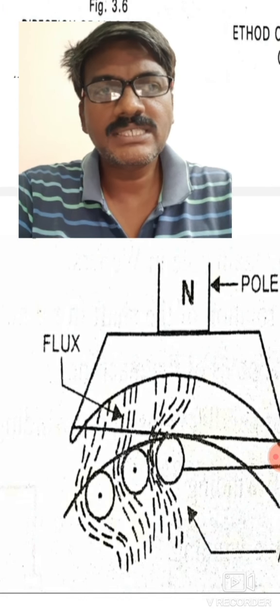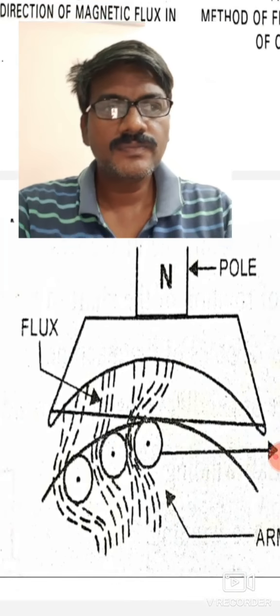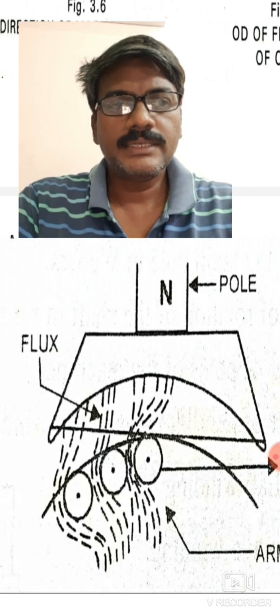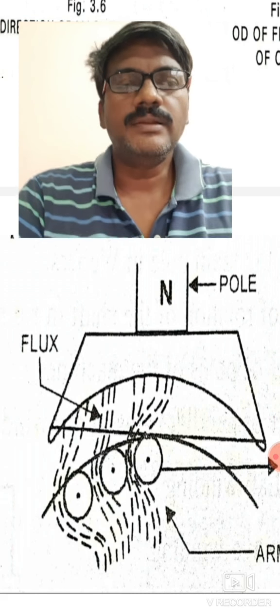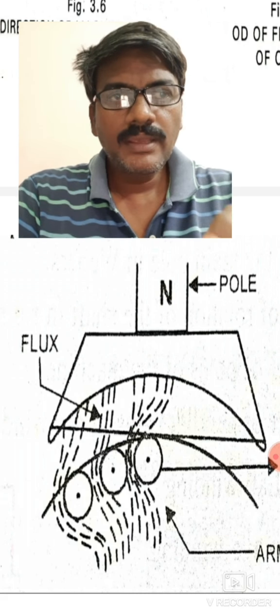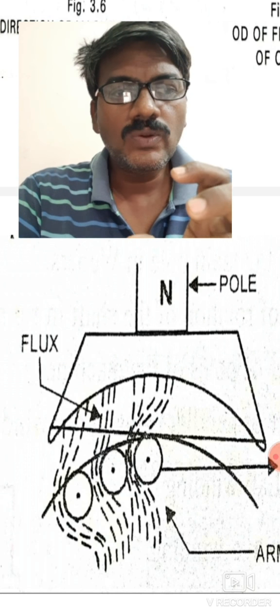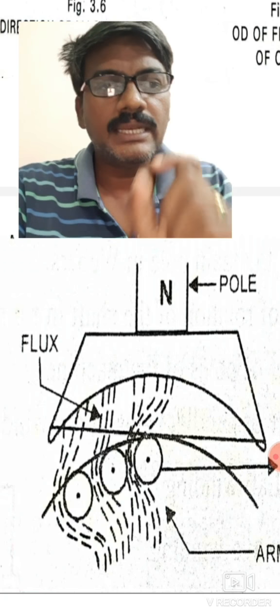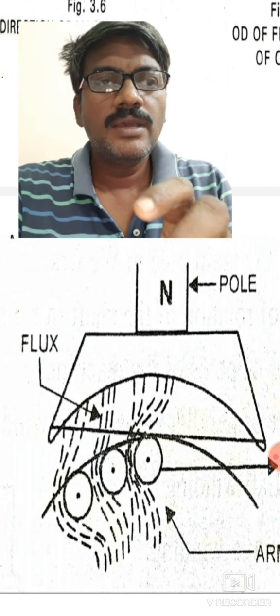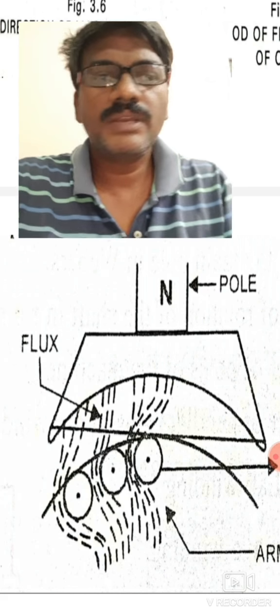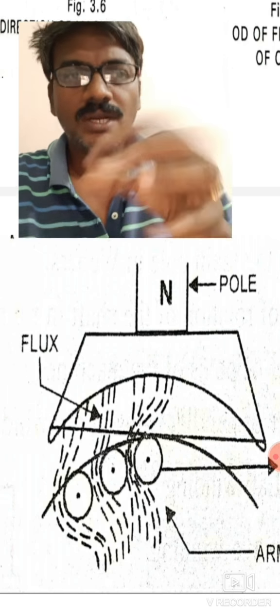Here two things happen. Current carrying conductors cut the magnetic field. What happens? According to Fleming's left hand rule, a force acts on the current carrying conductor placed in a magnetic field. Because of that force, it rotates clockwise or anti-clockwise.